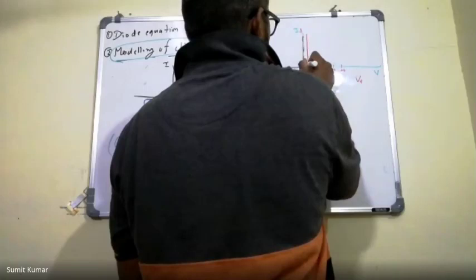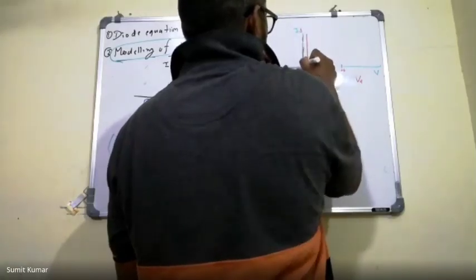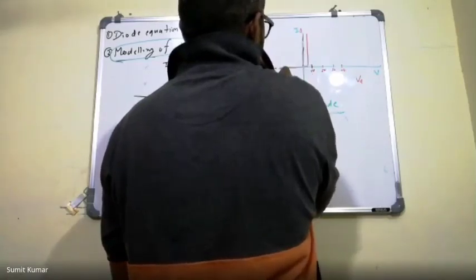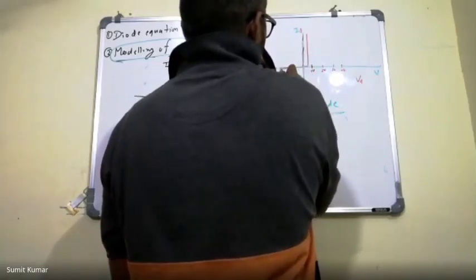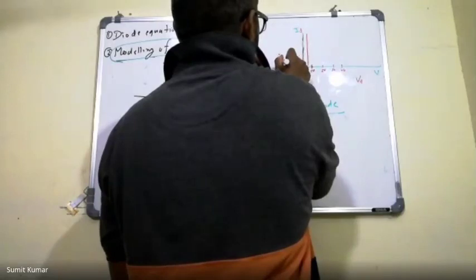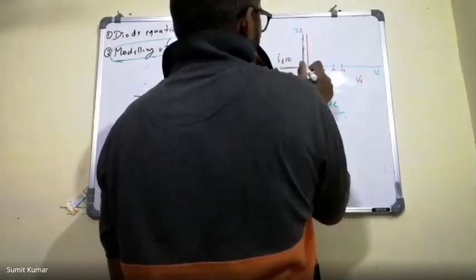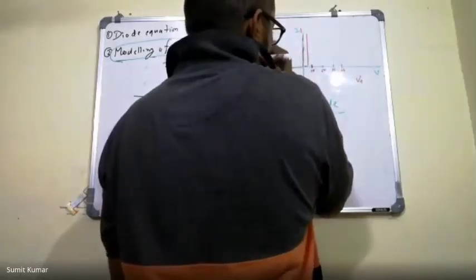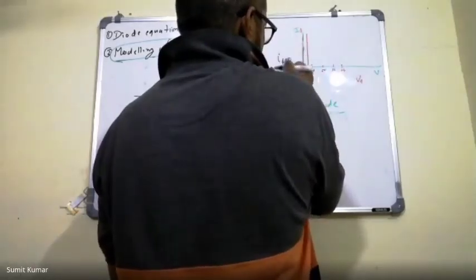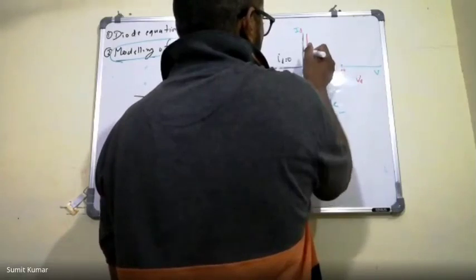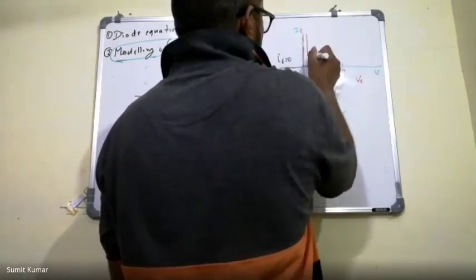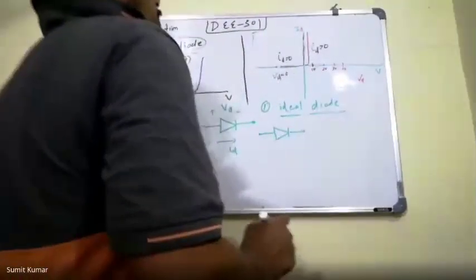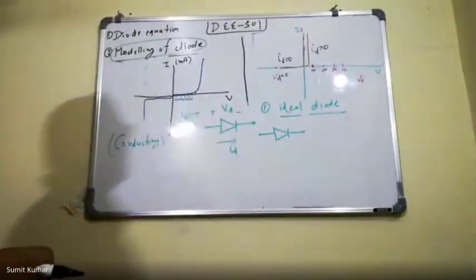When the voltage appearing across the diode, VD, is less than 0, then ID is 0, and when VD changes from negative to some positive value, then the diode current ID is greater than 0. So you can understand this.